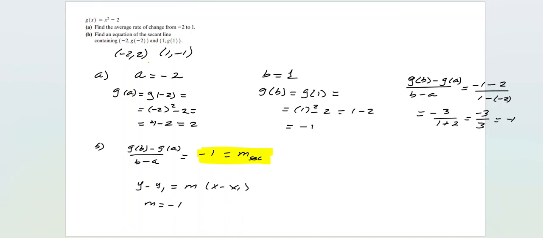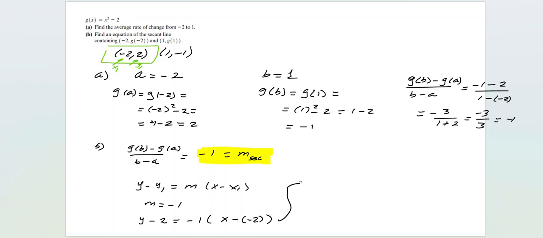I would just take minus 2 comma 2, where this is x sub 1 and this is y sub 1. So y minus y sub 1, which is 2, is equal to the slope, minus 1, times x minus x sub 1, which is minus 2.